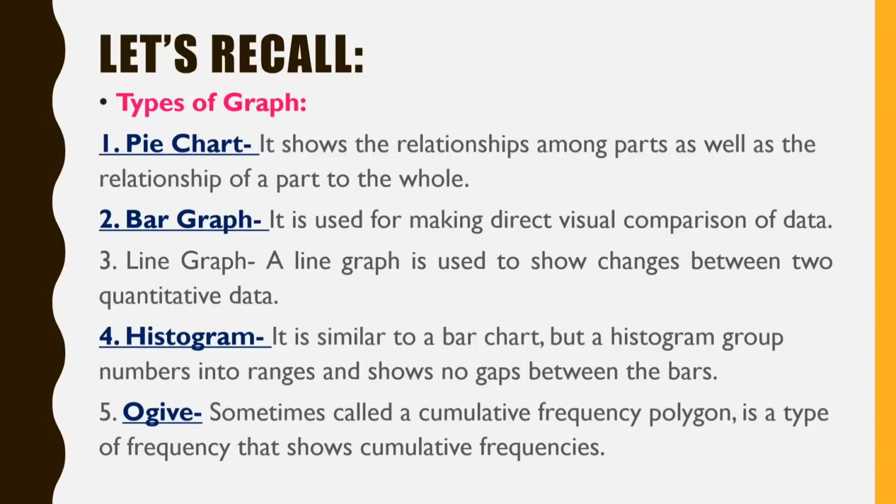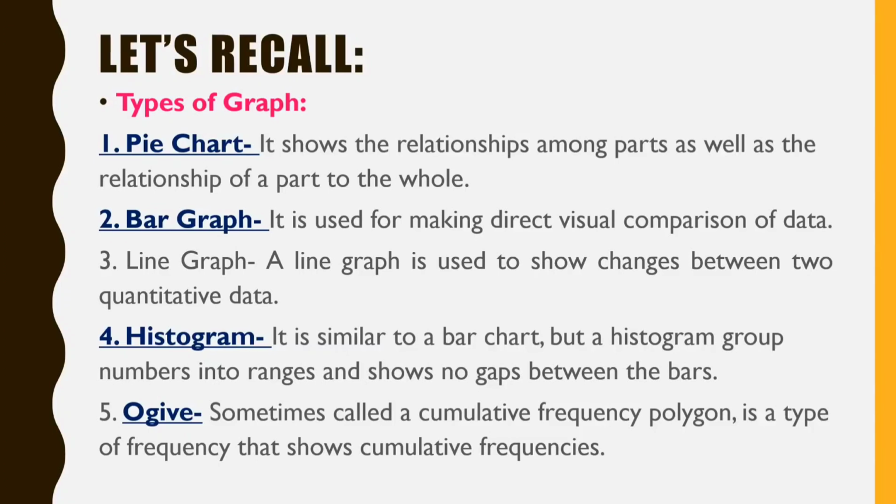Today we have learned about the different types of graph. The pie chart, which shows the relationship among parts as well as the relationship of a part to the whole. The bar graph, which is used for making direct visual comparison of data. The line graph, which is used to show changes between two quantitative data and usually involves time.